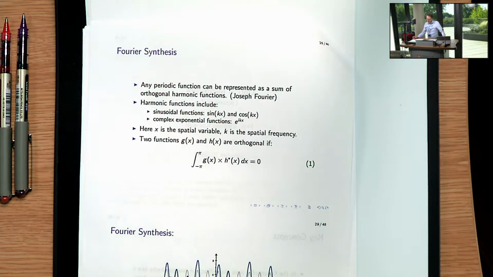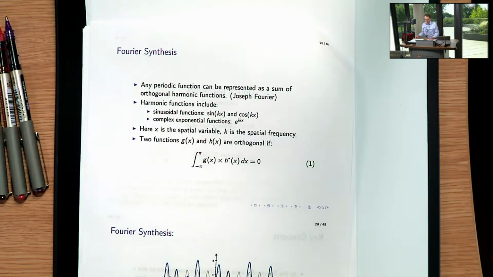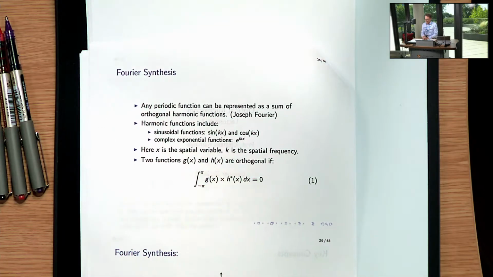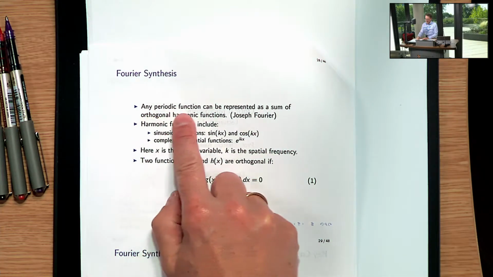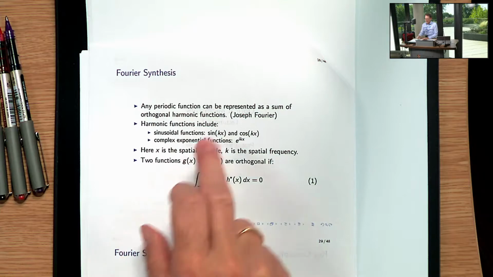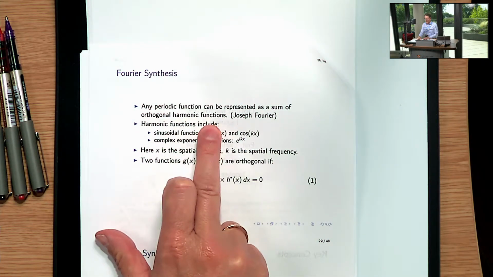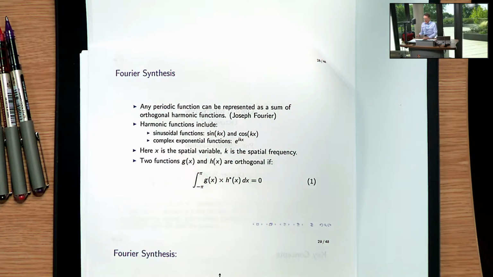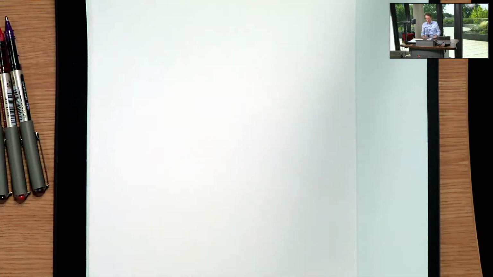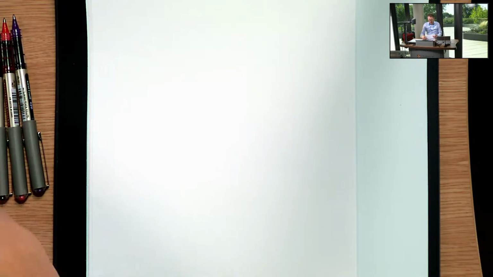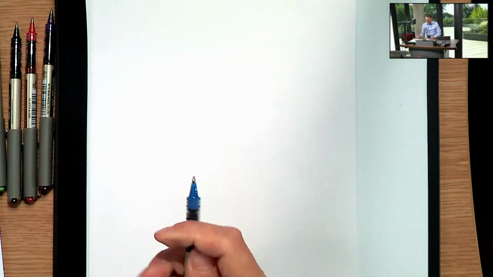So the key aspects of Fourier synthesis are that any periodic function can be represented as a sum of orthogonal harmonic functions. So what that means is, let me just go into this.